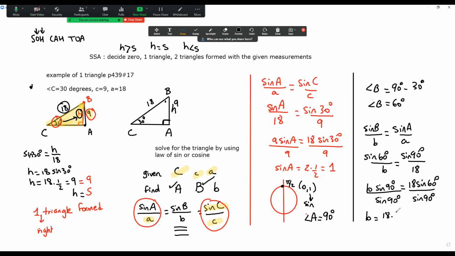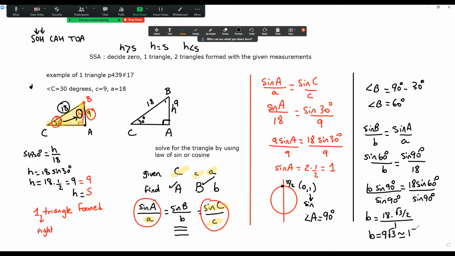And again, I don't need a calculator here because those are remarkable angles on the unit circle. So sine of 60 degrees equals square root of 3 over 2. And the sine of 90 degrees equals 1. And if you just multiply these, you get 9 square root of 3.